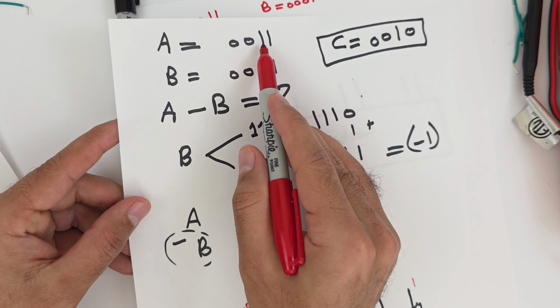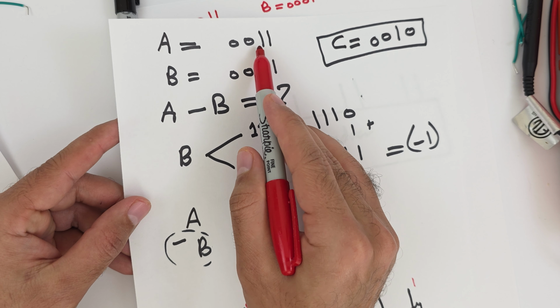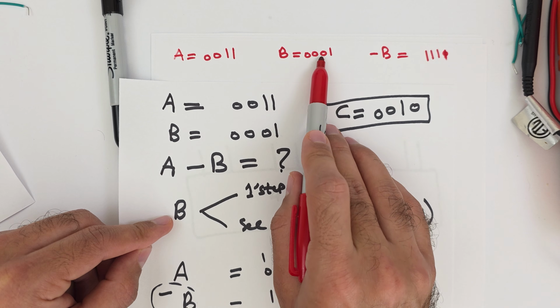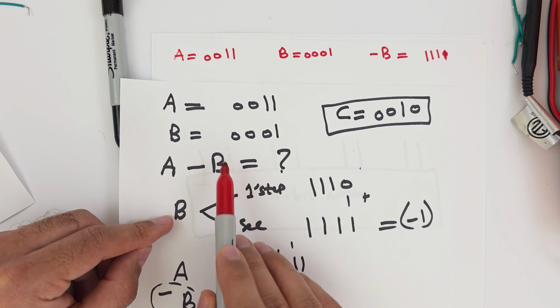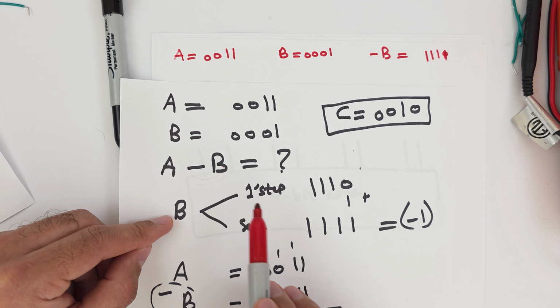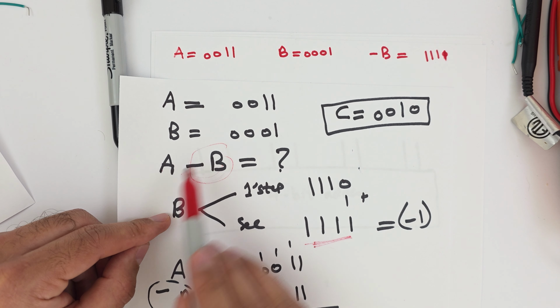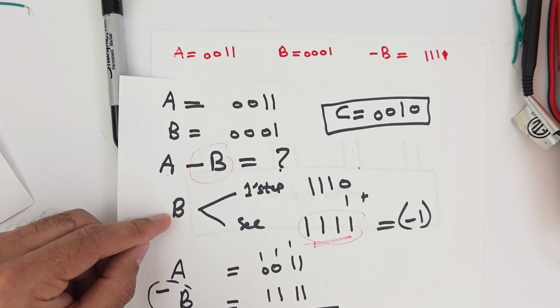So A is equal to 1, 1, 0, 0. B is equal to 1, 0, 0, 0, but we are not dealing with B because we need negative B, so I am going to use this value instead. Once you use minus B, you can add A plus minus B, so A plus this value.